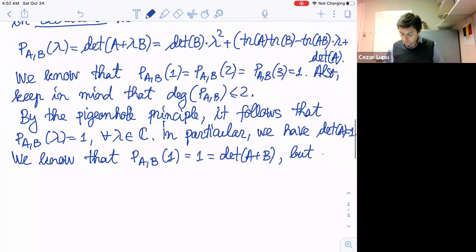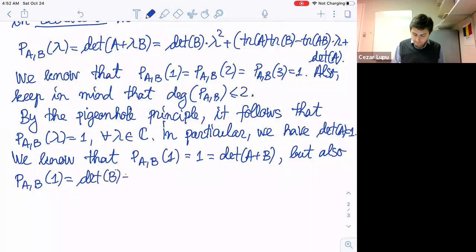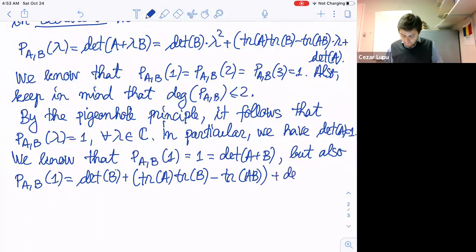But also, and we know that it's given, PAB of 1 is also the same as the determinant of B plus this coefficient here, trace of A times trace of B minus trace of AB, plus the determinant of A. This guy is also 1.